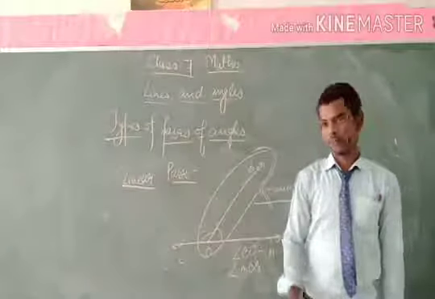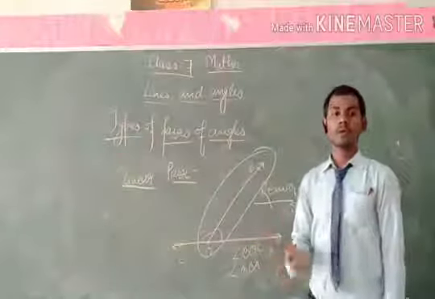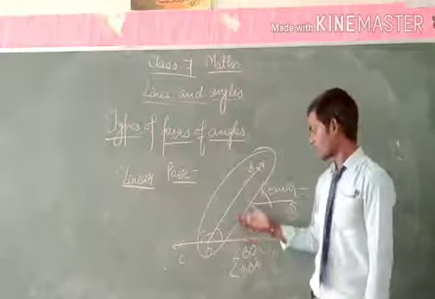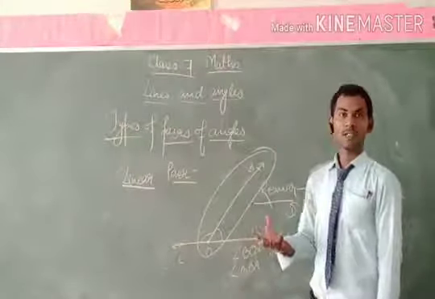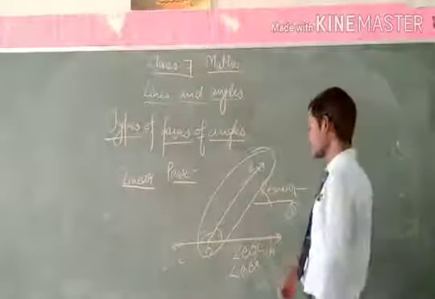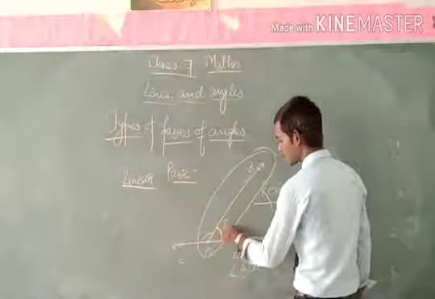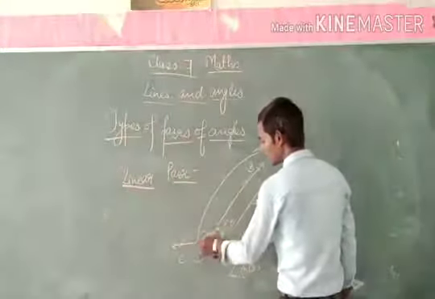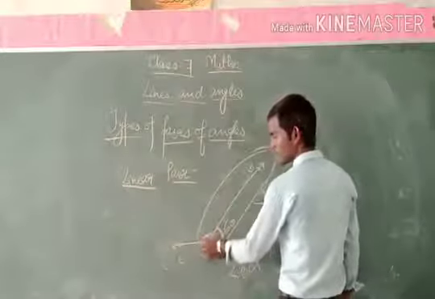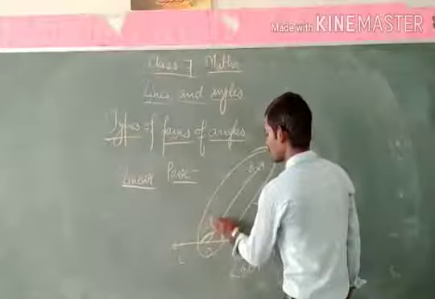Also, why do we say that a linear pair forms supplementary angles? A linear pair forms supplementary angles because the sum of their measures is 180 degrees. Suppose the measure of this angle is 60 degrees, then the measure of the second angle must be 120 degrees.